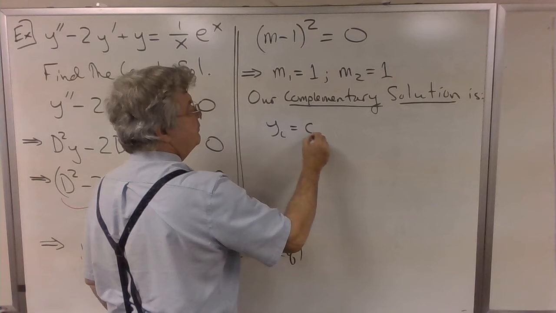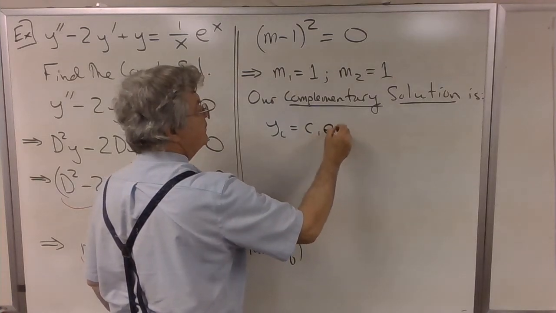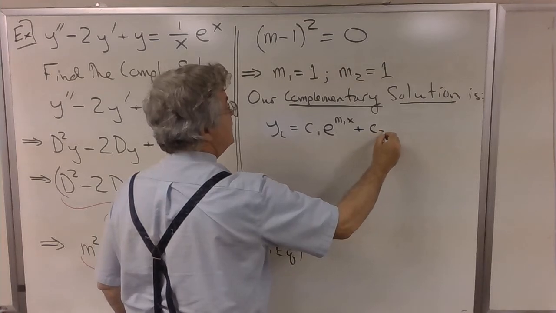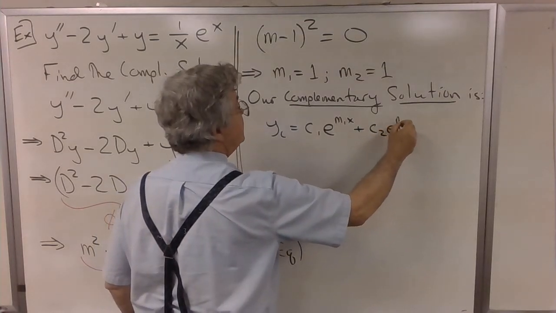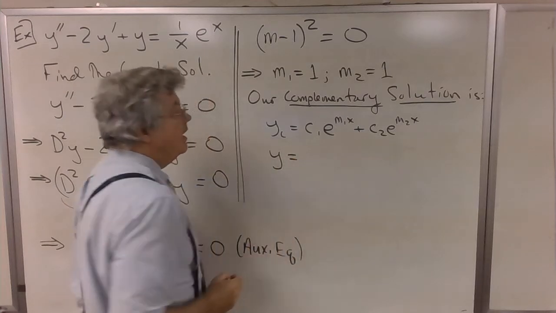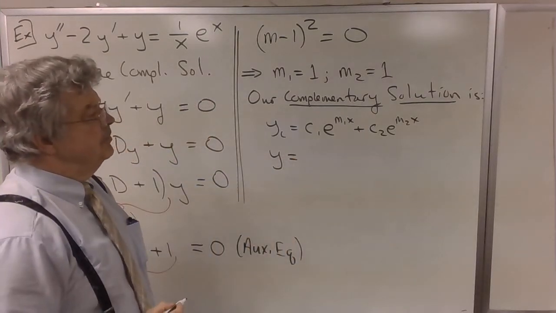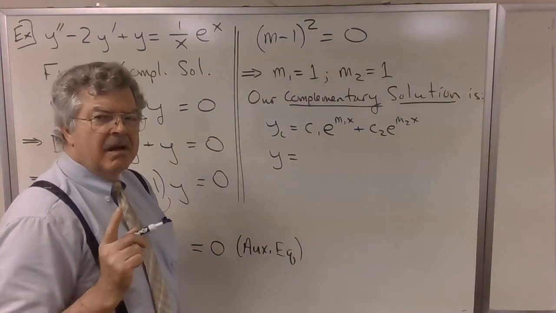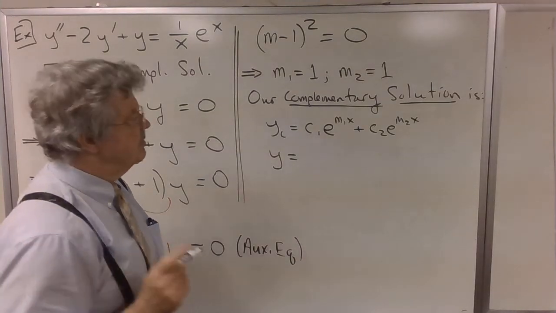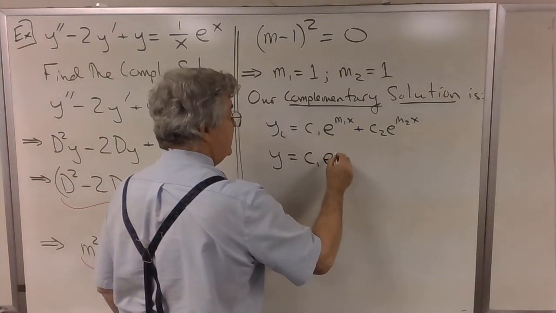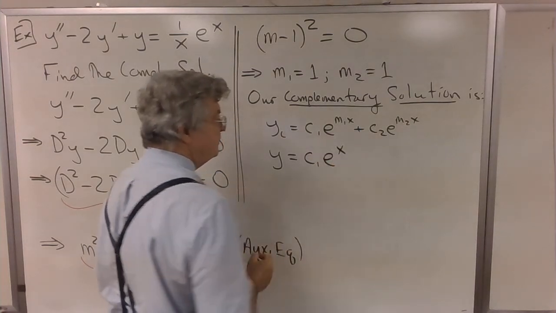Our complementary solution is some constant times e to the m1 x plus some other constant times e to the m2 x. And m1 and m2 are both 1. We have a repeated root. So we have c1 e to the x.